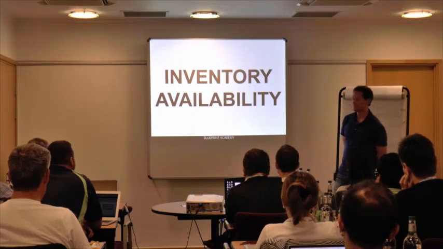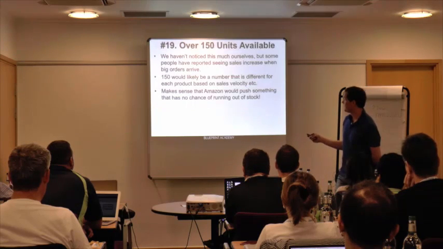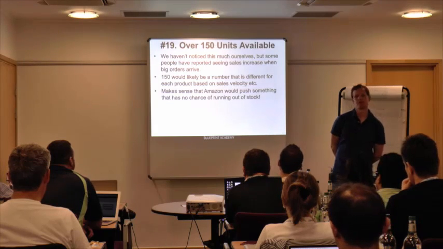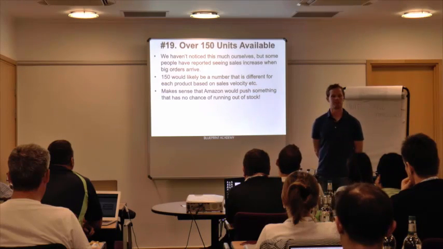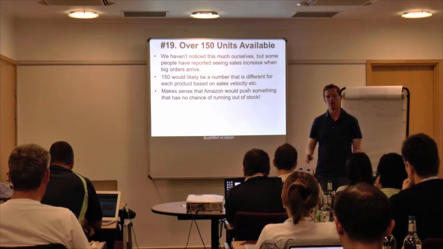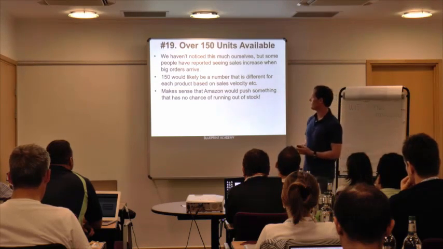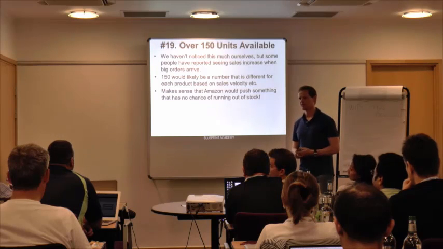Inventory availability, this is an interesting one. It's not something that we've specifically noticed all that much because we deliberately try to keep stock quite low and then we replenish often. However, a lot of people, I think you've seen it, haven't you, Patrick? Yeah, definitely made a difference.